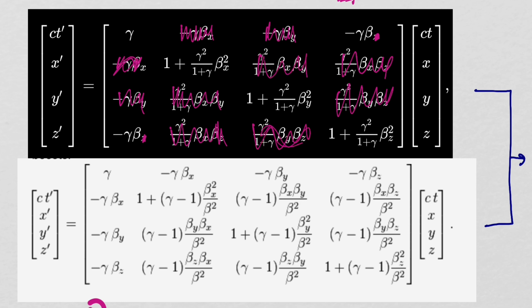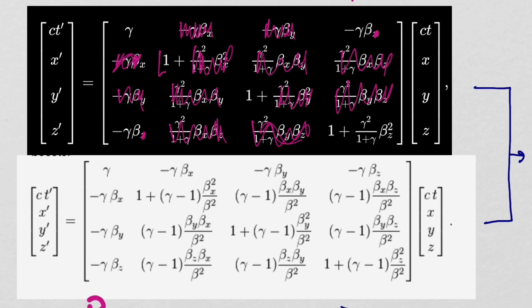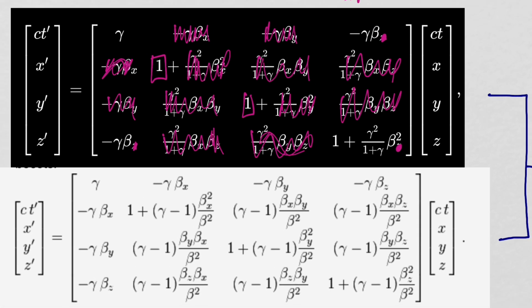So all those are 0. Well, actually, this is 0, this is 0 too. So that just leaves the 1 and the 1. And this lower right-hand slot here becomes beta.